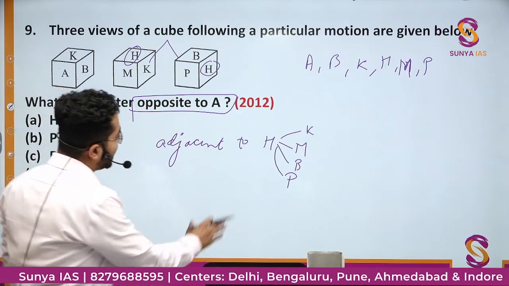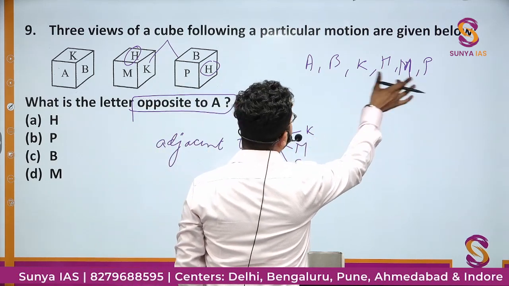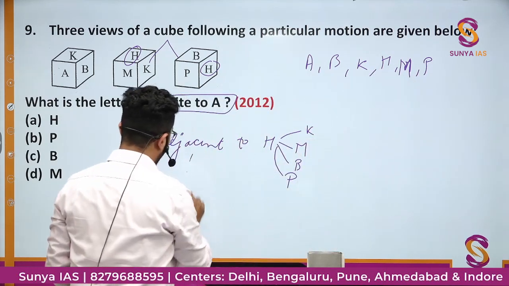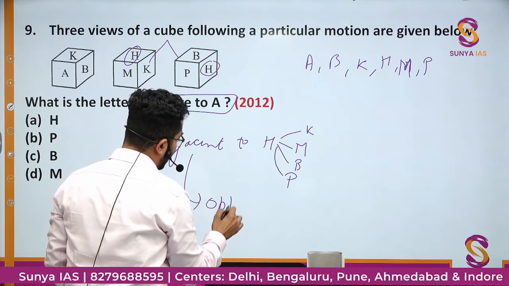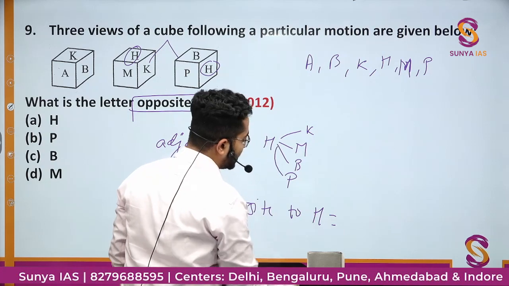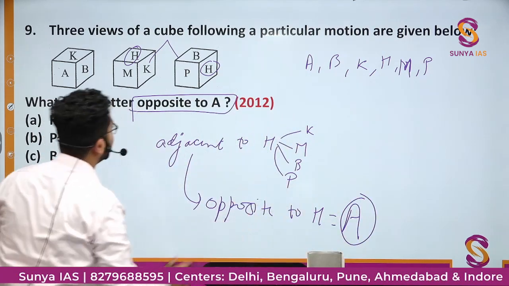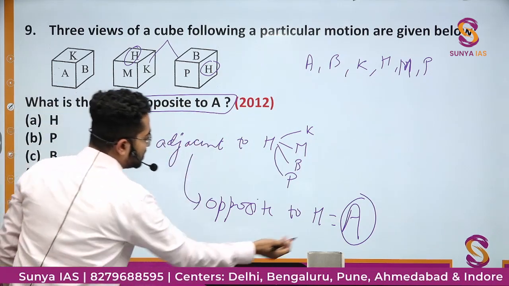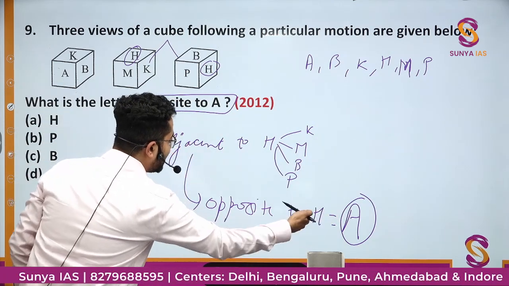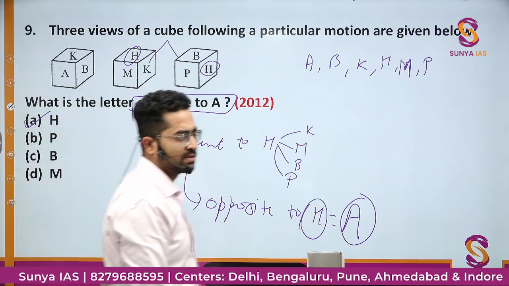So adjacent to H here is K, M, B, P. Then the only one left would be opposite to H. And which is left here? Only A is left here. So opposite to H would be A. So it is asking opposite to A. Opposite to H is A, then opposite to A will be H. Correct option would be option A, H.